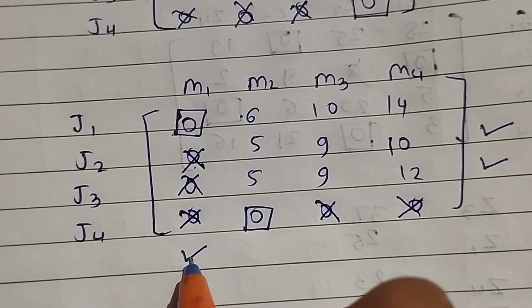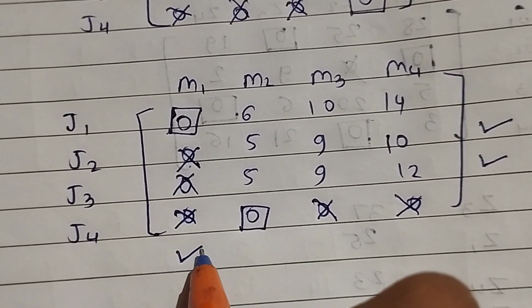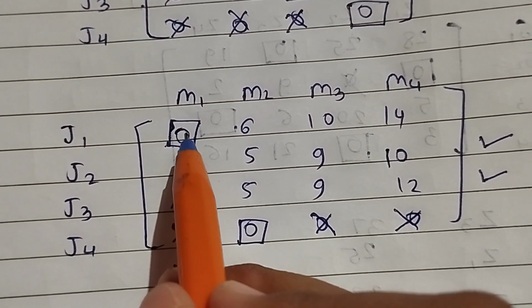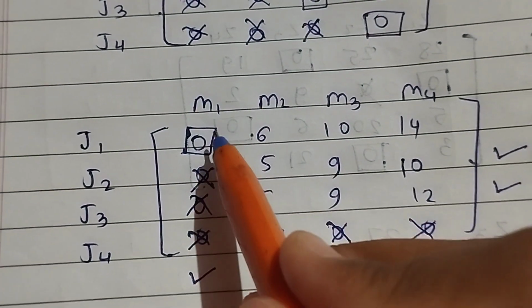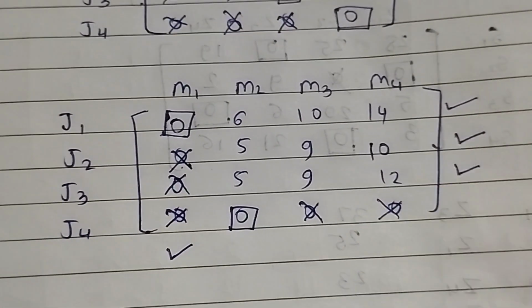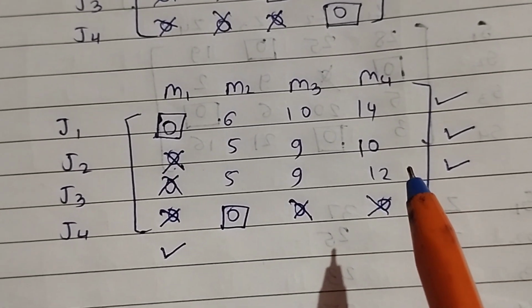So the first column has a crossed 0, and from the ticked column, check whether any assignment 0 is present, and where the assignment 0 is present, tick with respect to that row. So I hope you get the idea.